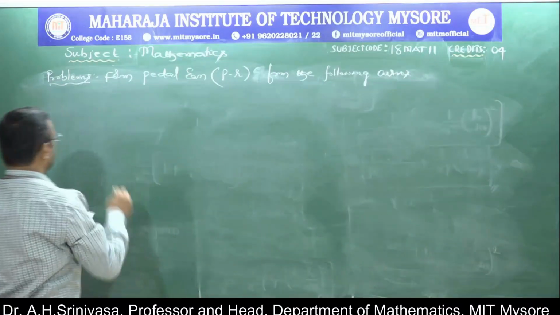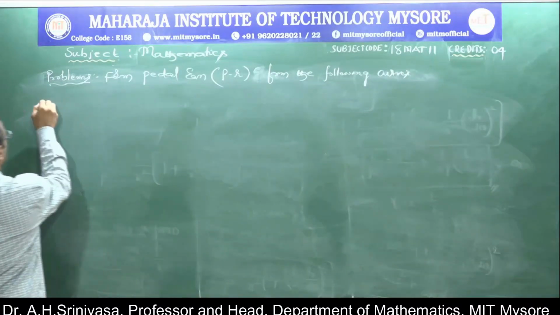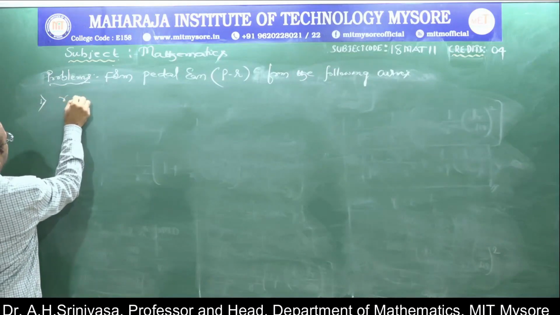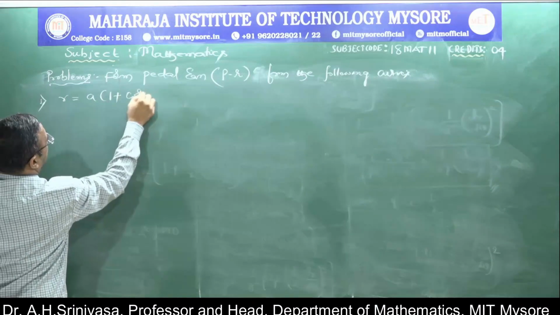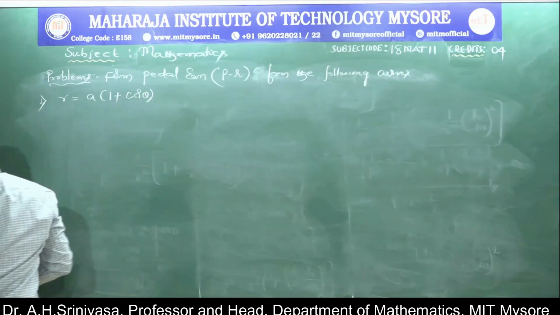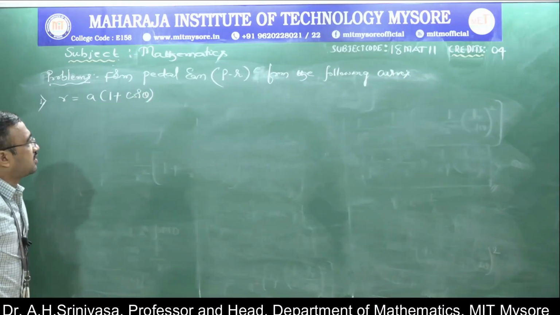The first problem, first example: r equal to a into 1 plus cos theta. So this is the first problem given.